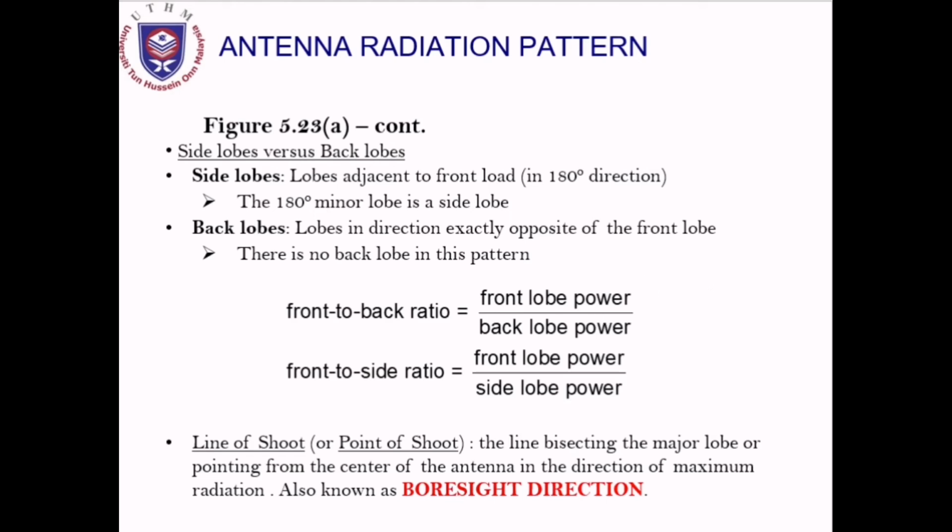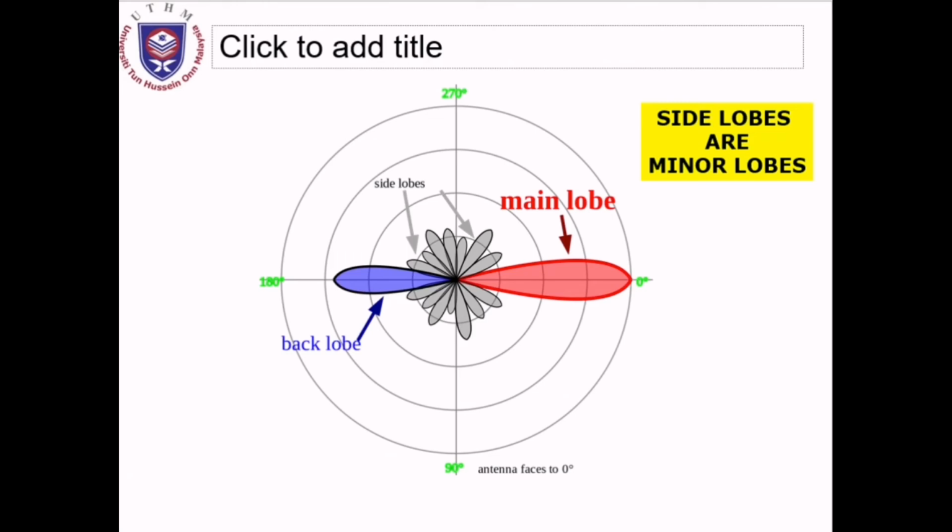So let's look into this figure, which might be easier for you to understand. For example, we have a directional radiation pattern where this is the main lobe. The opposite side of the main lobe is the back lobe, and the lobes at 90 degrees from the main lobe are the side lobes over here and also over here.